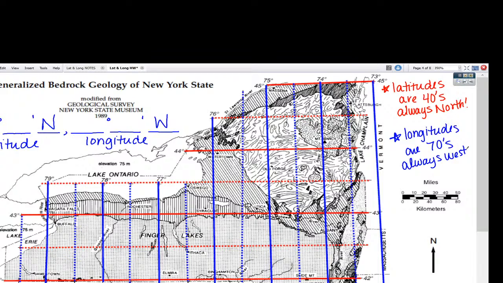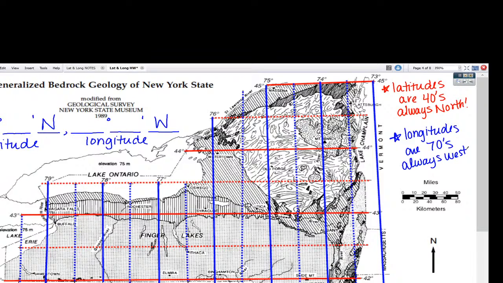You can see my vertical blue lines on this map are all my longitudes. Now these are not drawn in for you, which is a blessing, because if they were, this map would be very difficult to use later. But you can use your ruler and kind of get an idea of where these lines are on your page, which I'll show you.